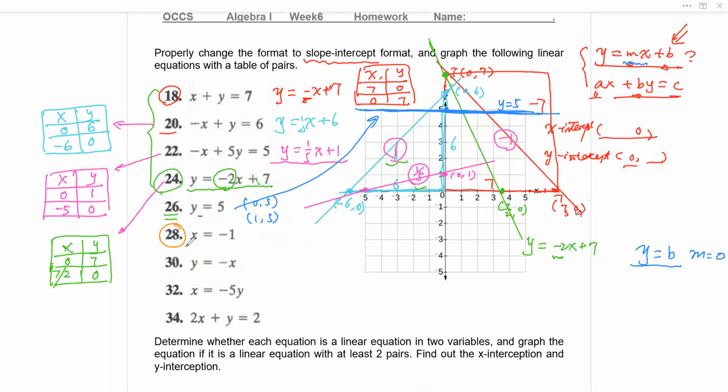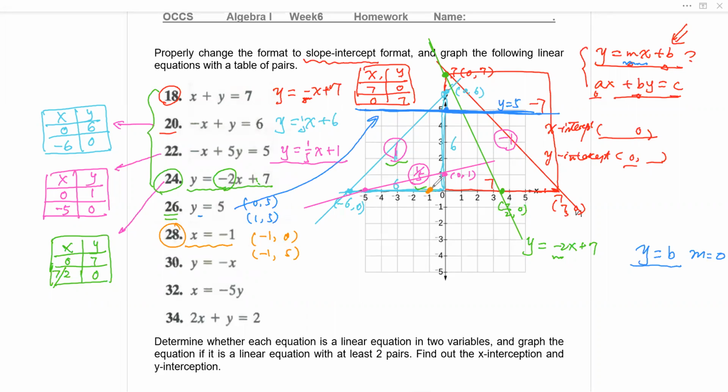Next one, 28. x equals -1. So where's the y? It means x always equals -1, and y can be any number. So it can be (-1, 0), or (-1, 5). x always equals -1, and -1 is right here.